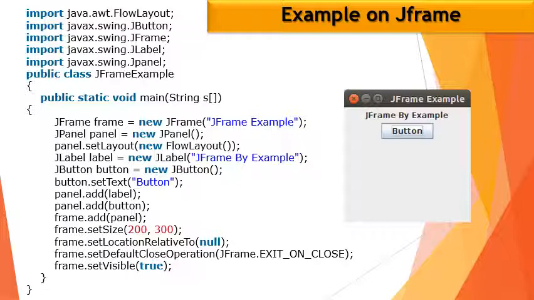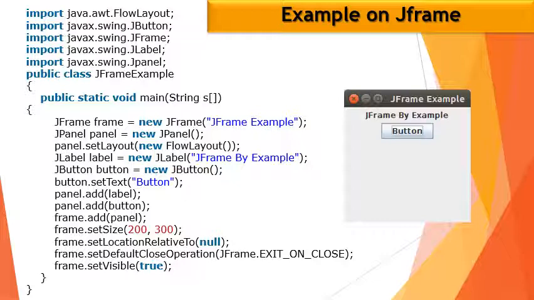At the right hand side, we can see the output of this example, where the frame is declared, and the gray colored frame is shown here. On the upper side, there are three buttons, that is close, minimize and maximize. Whatever we have written in the JFrame title is shown on the title bar of our frame, JFrame Example.